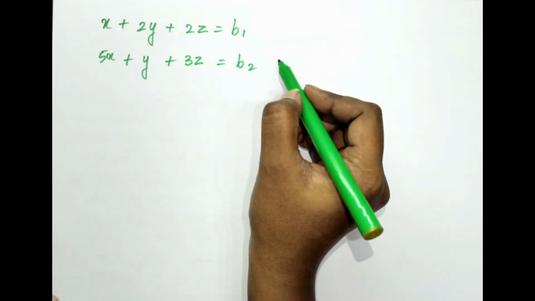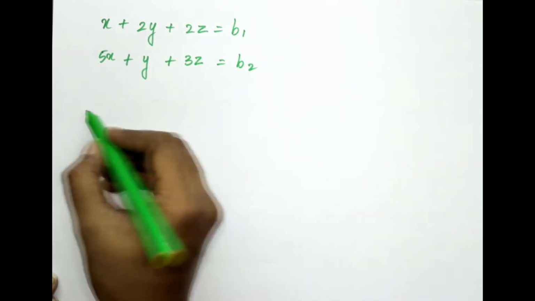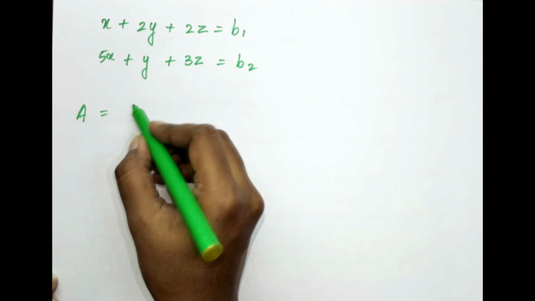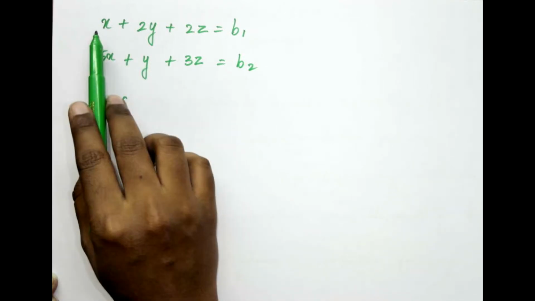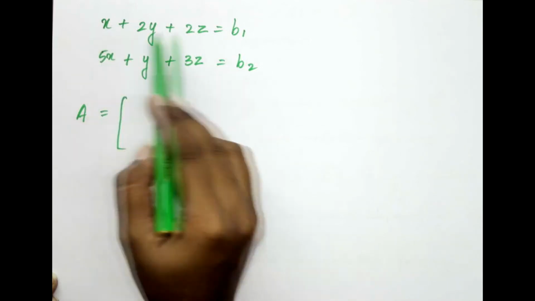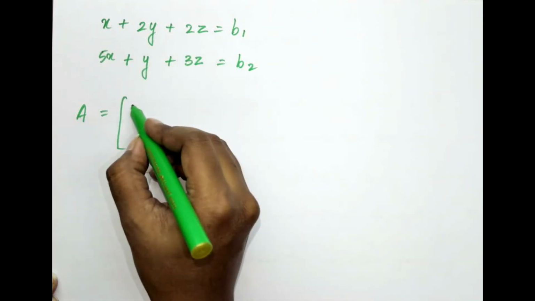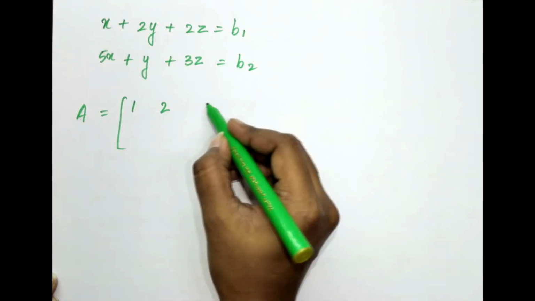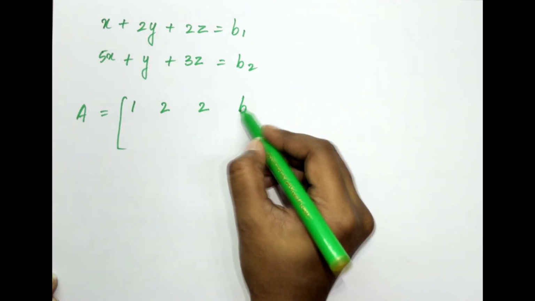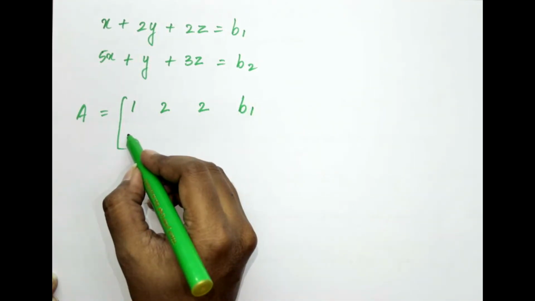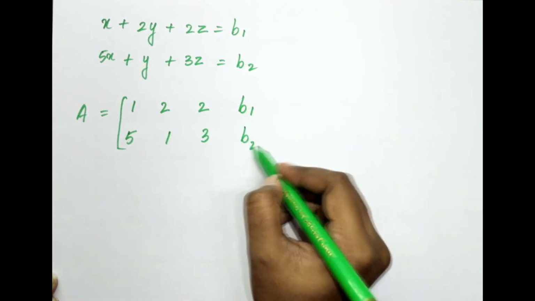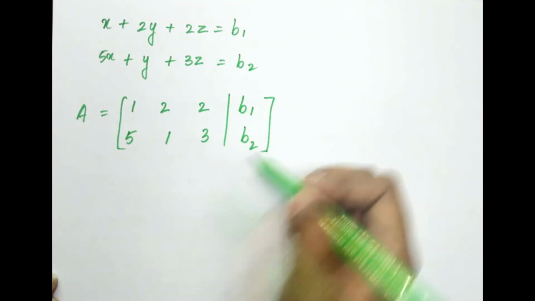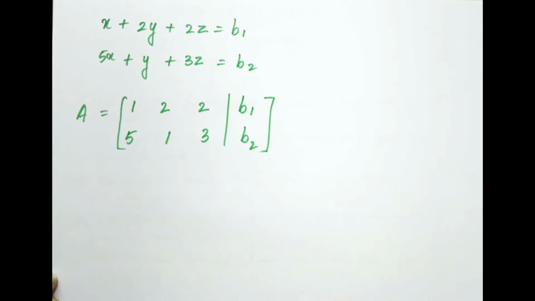Let's call the matrix A. This is going to be our augmented matrix, so we write down the coefficients of each of the variables: 1, 2, 2, b1, and in the second row 5, 1, 3, b2. So this is our augmented matrix.